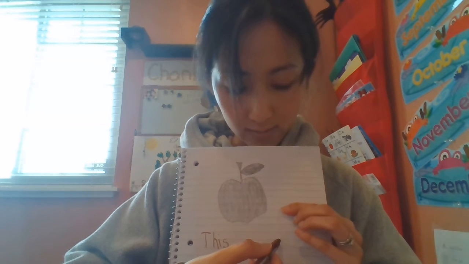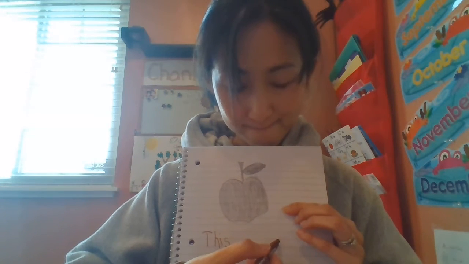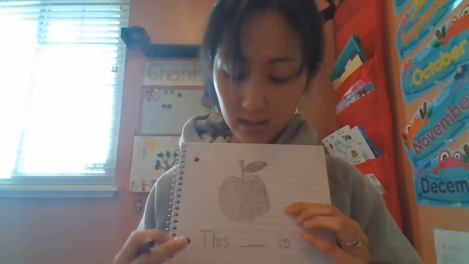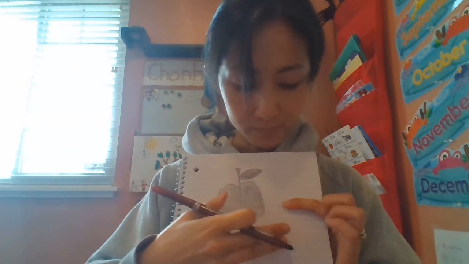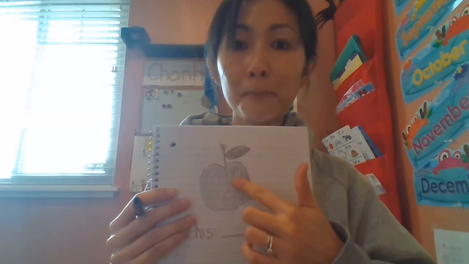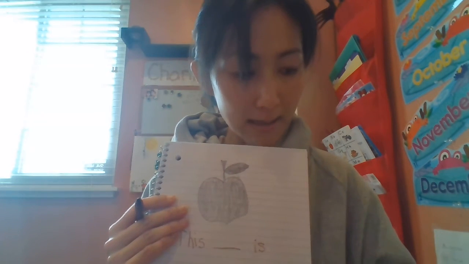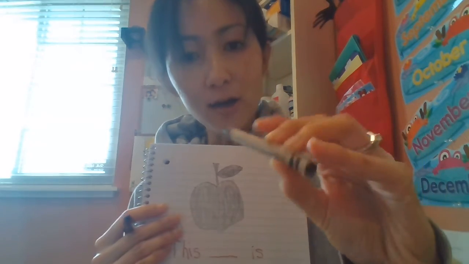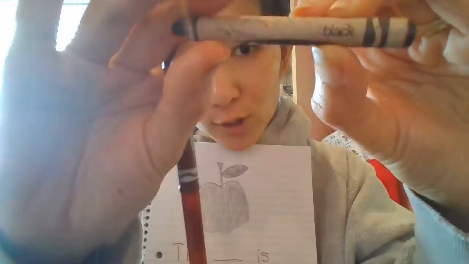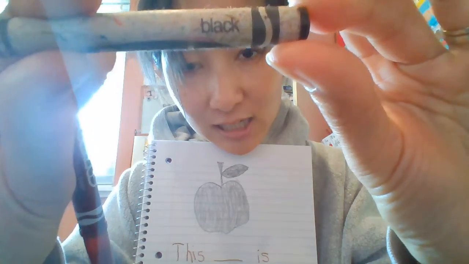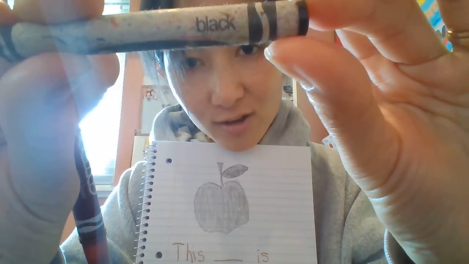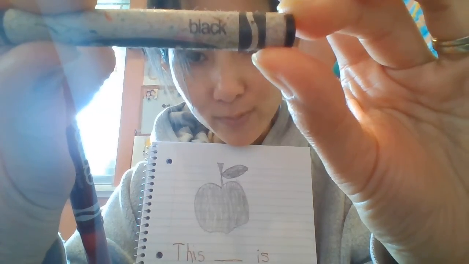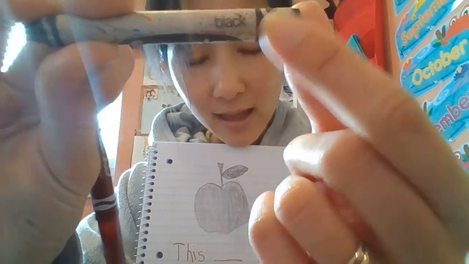is a sight word again. How do we write is? I-S. This is black. Okay, black. If you notice on your crayon, you will see the word black there. Since we are not in class and you don't get to see the poster with the word black, you can copy that instead.